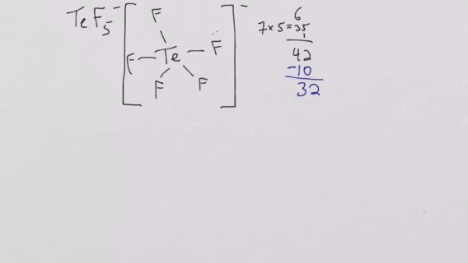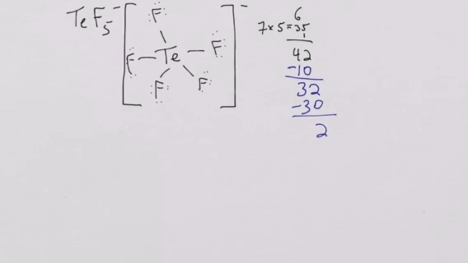So I go 1, 2, 3, up to 30. So there's 30 electrons that I've just placed into that diagram by filling all the octets on my fluorines, and I notice that I've actually still got 2 left.